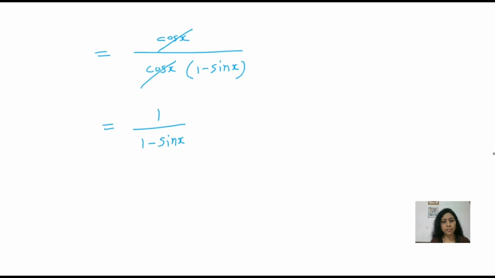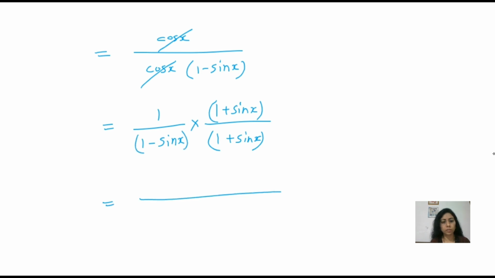This is the answer, but sometimes the answer is given in another form, so we can convert, and for that we should multiply and divide by 1 plus sin x.